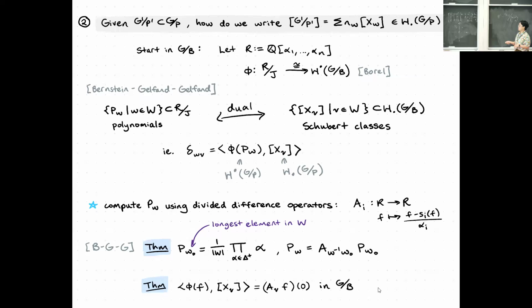You start by computing the biggest polynomial, the one corresponding to your longest Weyl group element, and then you can compute all your other P_W's iteratively by applying more and more divided difference operators. And to highlight the usefulness of divided difference operators, you can also compute the pairing between cohomology and homology using them. That's the theme of this.